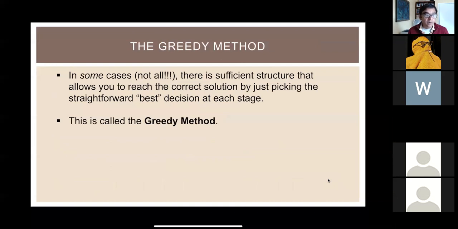Now, sometimes we can build up a solution by just saying, well, what's the first piece? What's the most obvious first piece to put in? And not worrying about what comes further downstream. And then what's the next obvious piece to put in? Fix those two. What's the next obvious piece to put in? And sometimes this actually works. This is called the greedy method. And also, a lot of the time, perhaps most of the time, it doesn't work.